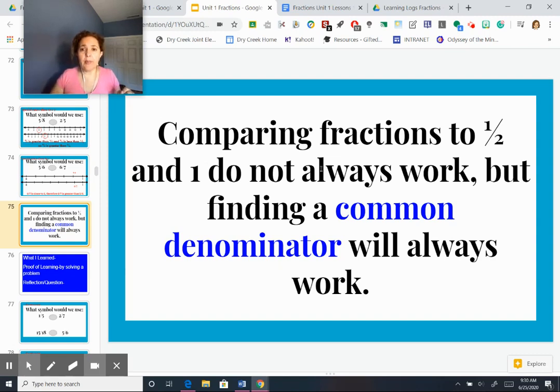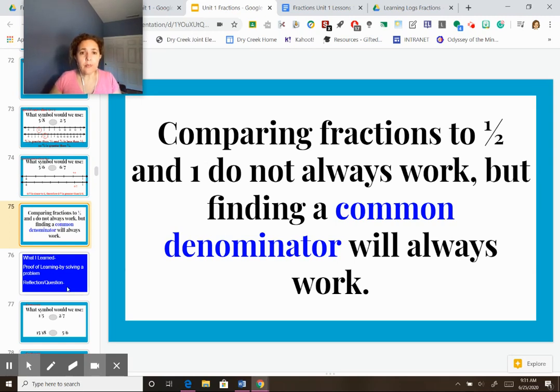So which one do I want you to use? Find the common denominator. You will not go wrong because you're breaking it up into the exact amount of equal pieces, and it's easier to see which one's bigger. Okay, so that one always works.